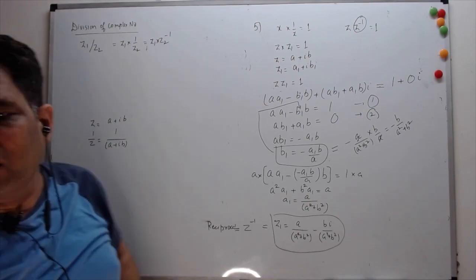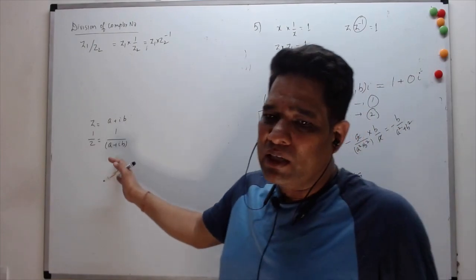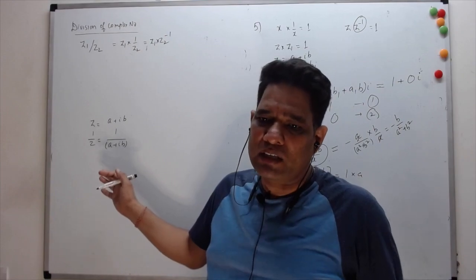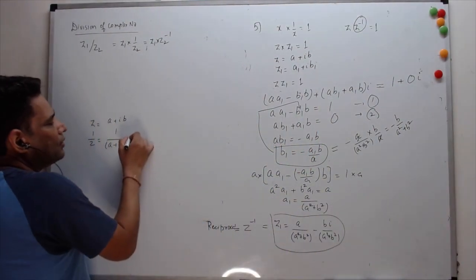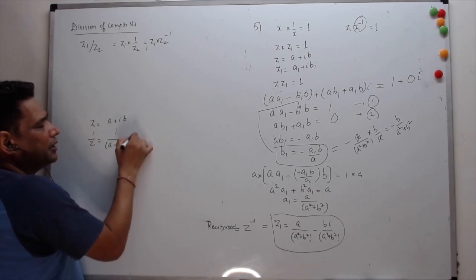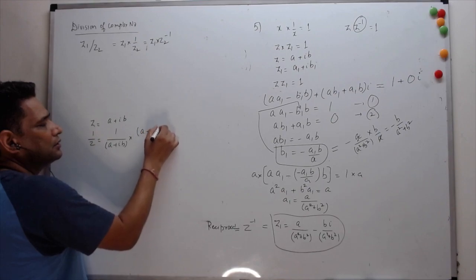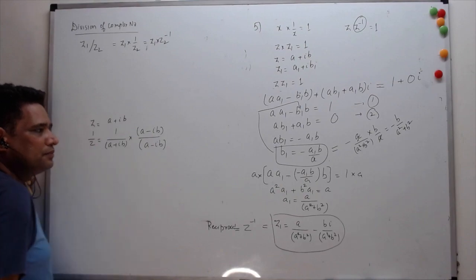Just like in the case of irrational numbers, we used to get rid of the irrational by multiplying with its rationalizing factor. Similarly here, you can get rid of this value from the denominator by multiplying and dividing with a factor like this.